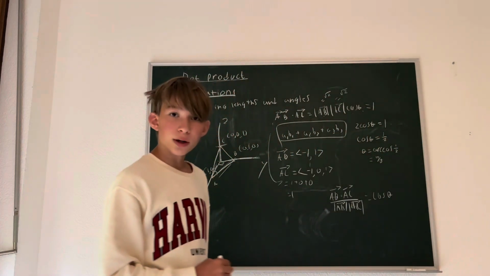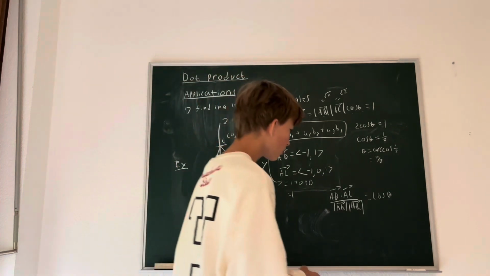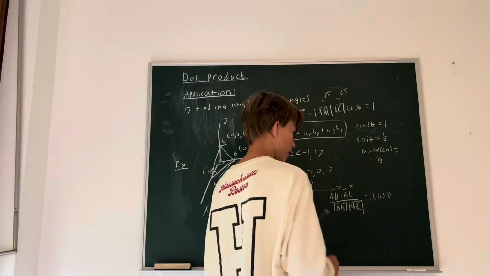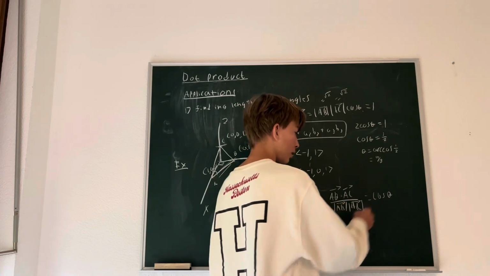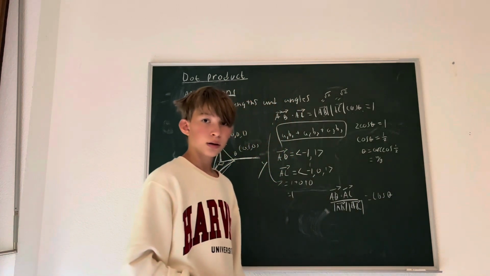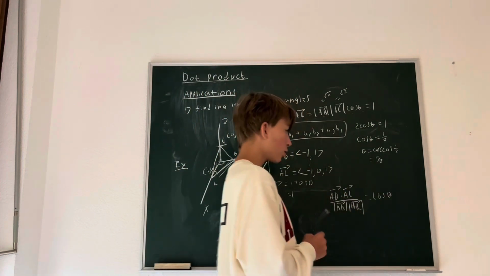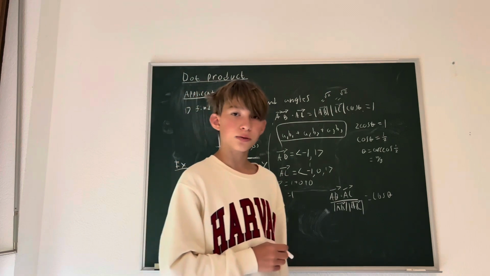And if we were to compute this again, we'd end up with 1/2 here, and this being cosine theta. We have our cosine here, and we have theta equals pi divided by 3.